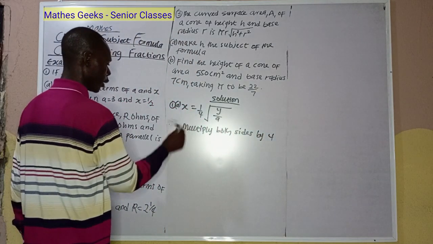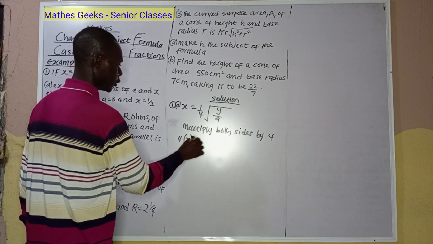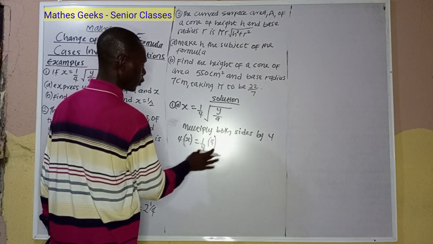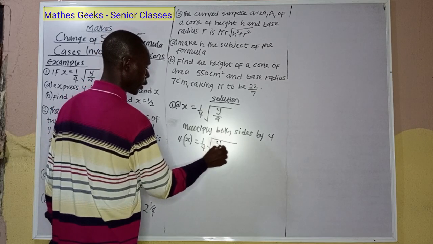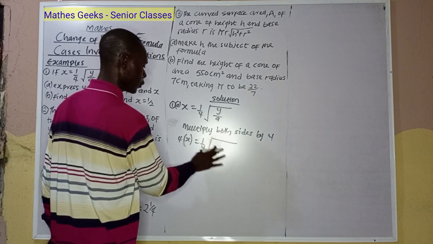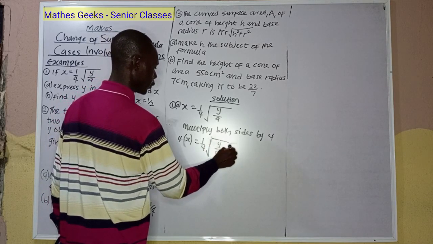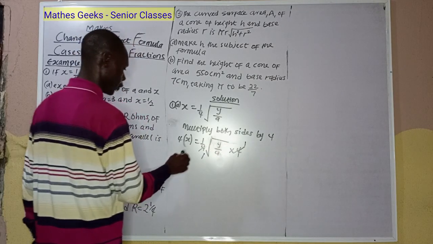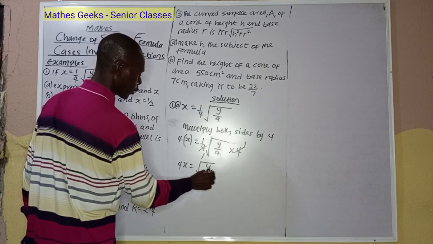So 4 times x equals 1 over 4 times 4, or 1 over 4 square root y over a, times 4. So this 4 cancels this 4. So you have 4x equals square root of y over a.